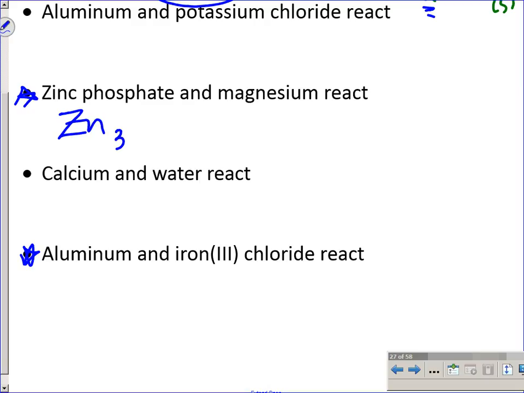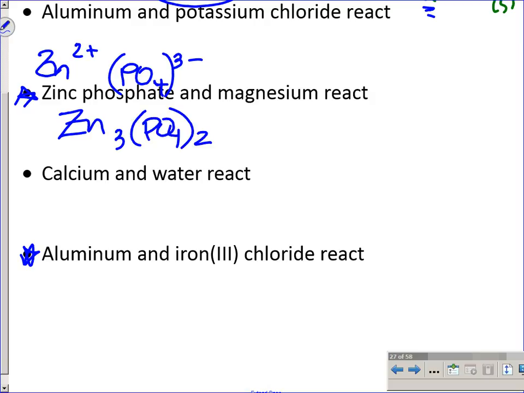Phosphate is what? PO4, it's the only one, really. Actually, there's two like this. PO4, charge of phosphate, 3 minus. Zinc always gets a what, guys? 2. Crisscross, what do you get? Zn3, PO4, 2. Okay, so we have some help there. That's zinc phosphate. Continue, Ansley.